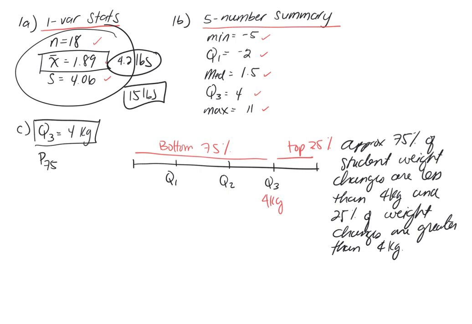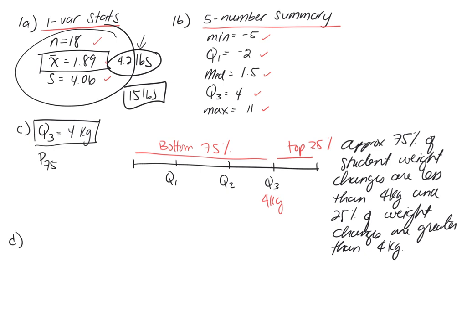So because it feels like it's so far away from 15 pounds, we can make a statement like, based on our sample data, we don't believe that it is normal that students gain 15 pounds. We think that it's probably closer to our sample mean of about 4.2 pounds. And then later on in chapter 8, we can verify this by doing some statistical analysis on it called a hypothesis test.